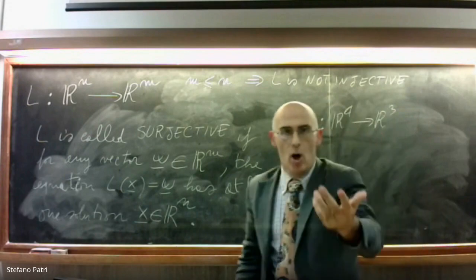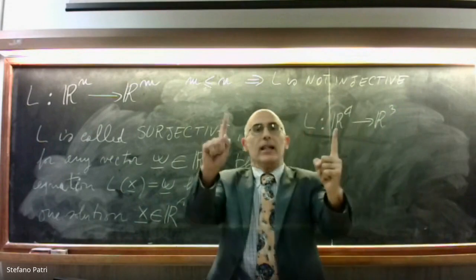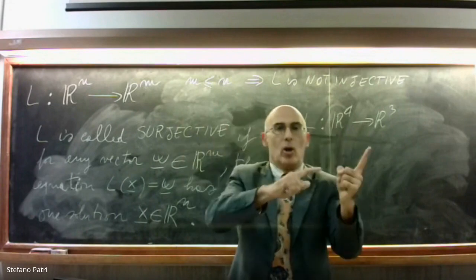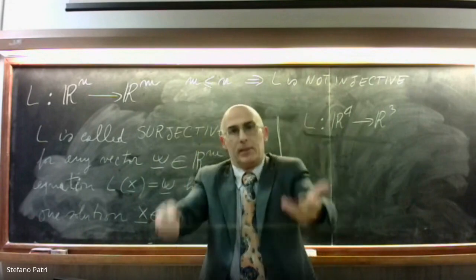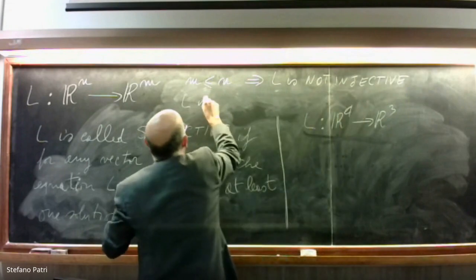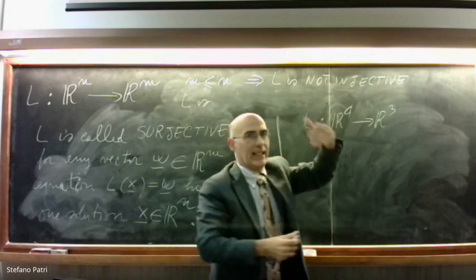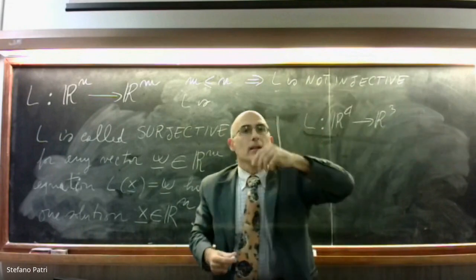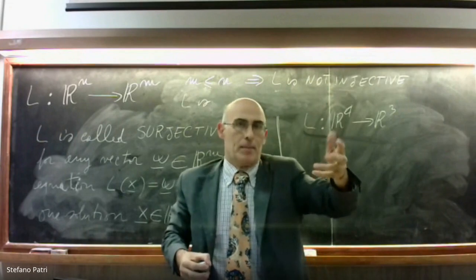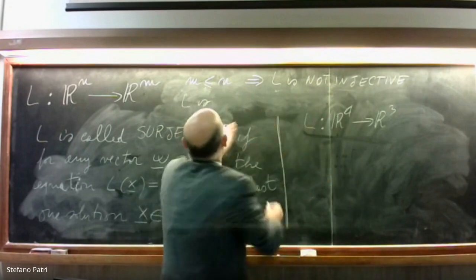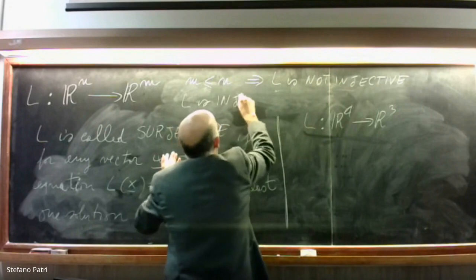But as we know in logic, if we exchange tests and hypotheses with the opposite properties, then, what is the contrary of L is non-injective? The opposite property of L is not injective is L is injective.